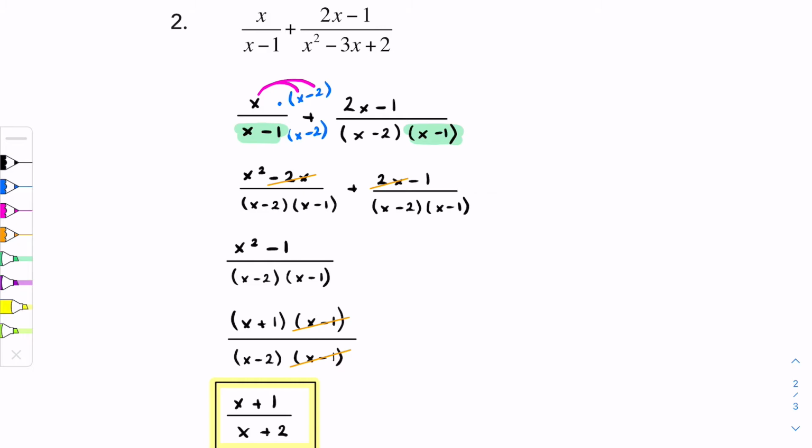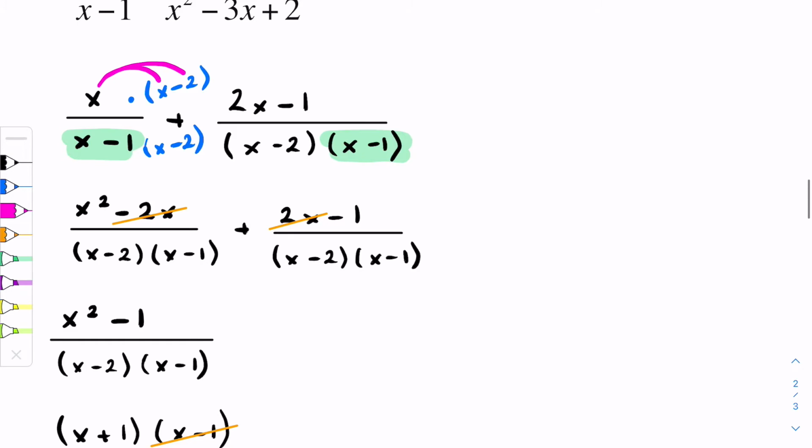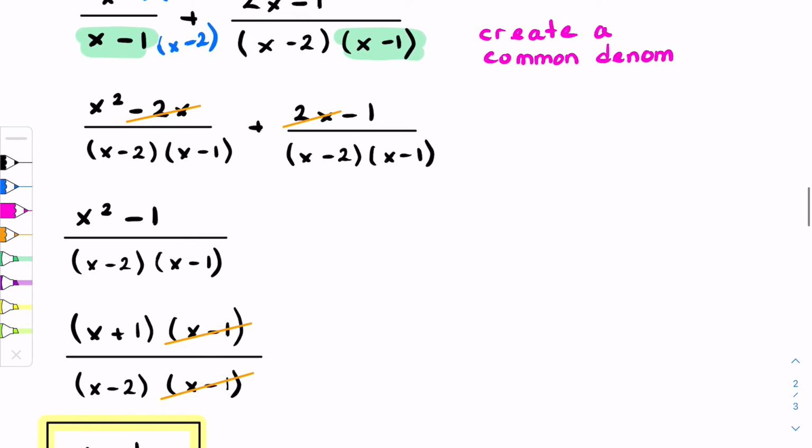Okay, if I go back through this problem and just add some extra notes in for you, I'm going to start at the top and just make a note that I am creating a common denominator. And then in the next step, I'm going to write that I need to add my numerators together. So once you create a common denominator, you're going to add your numerators. And in parentheses, I'm just going to put in standard form.